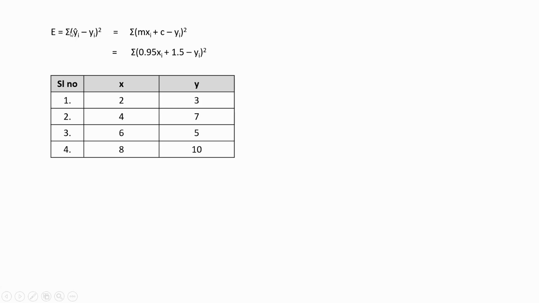See, if you take your n within the summation or outside the summation, it is a constant value, right? It is not going to change. Do you understand? Just imagine I have just the summation of 0.95 xi, then whether you write 0.95 times the summation of xi or the summation of 0.95 times xi, it is not going to change.